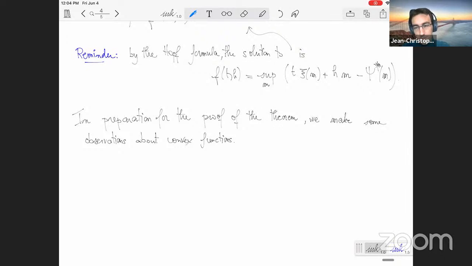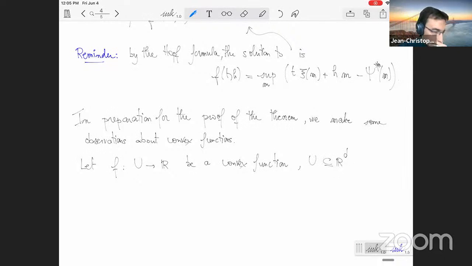So let's just take a convex function. Let f be a convex function, and let's say that U is a subset of R^d.